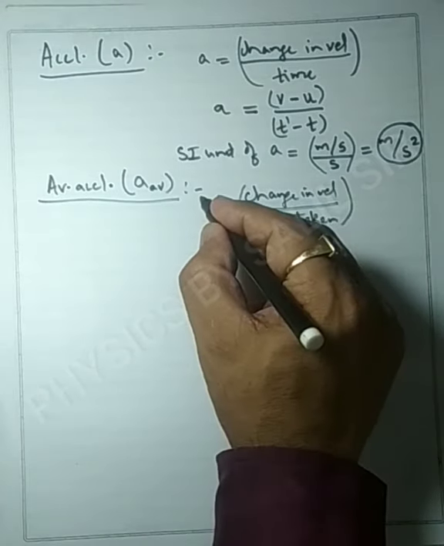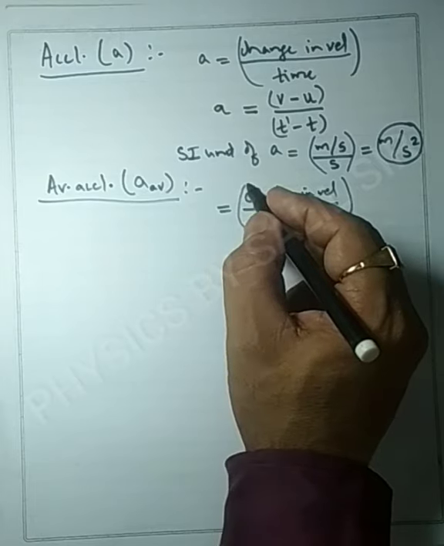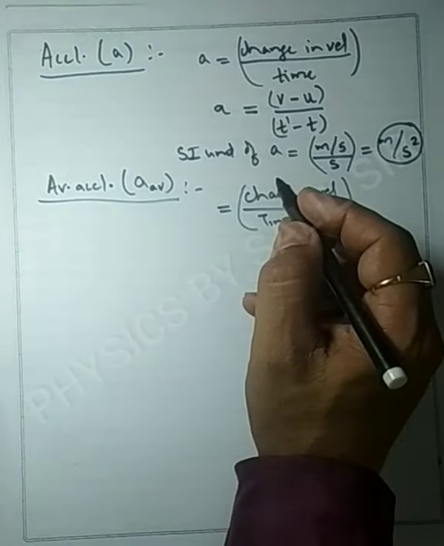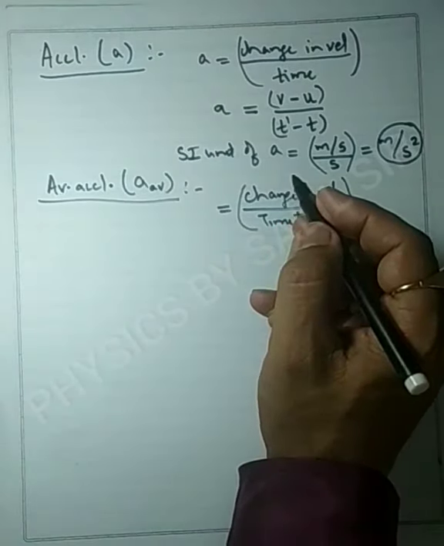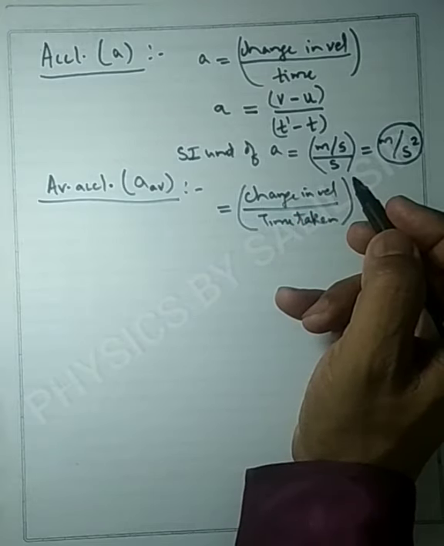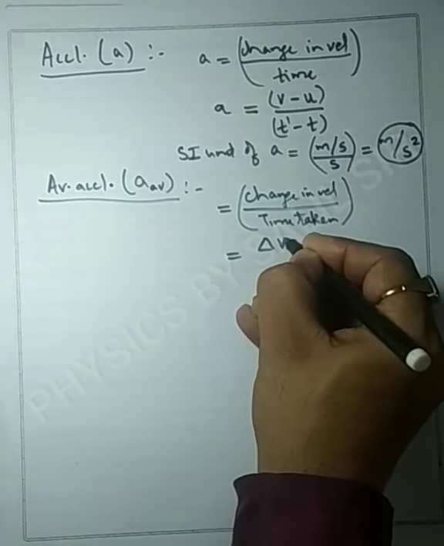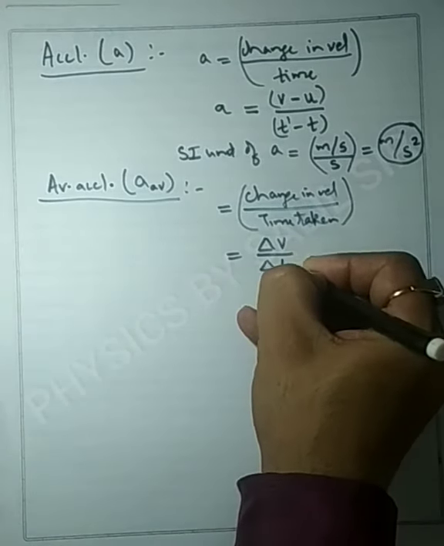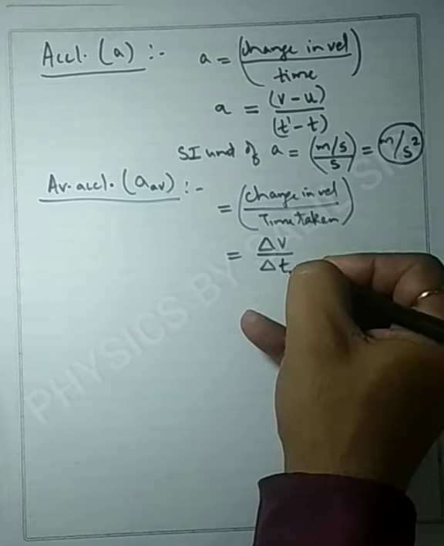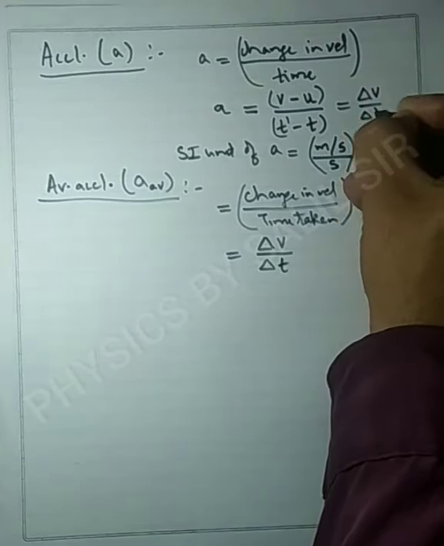So this is average acceleration. Average acceleration is defined as the change in velocity of the object divided by the time taken for this change in the velocity. Suppose this change in velocity is represented by delta v, so we can represent it as delta v upon delta t.